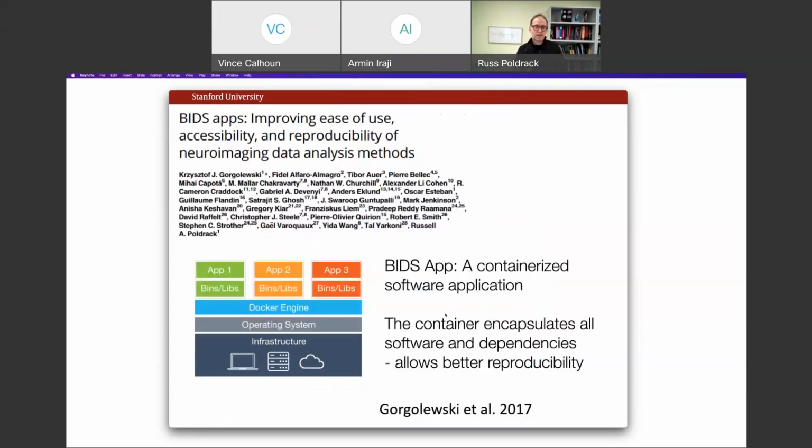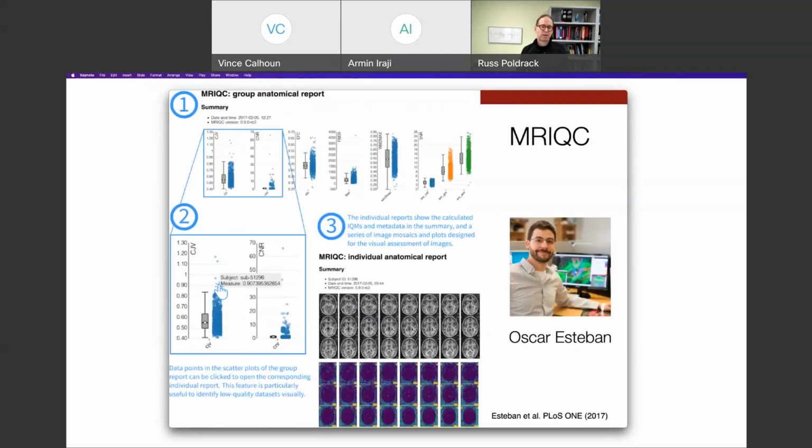And one of the ideas that we developed back when we were first developing BIDS was this idea of a BIDS app, right? Which is basically a containerized software application. I'll say more about containers later. But the idea is that the container encapsulates all the software and all the dependencies, allowing you to better reproduce the analysis.